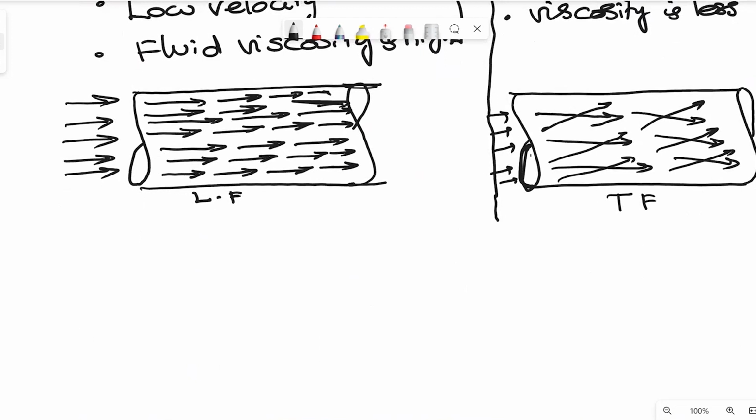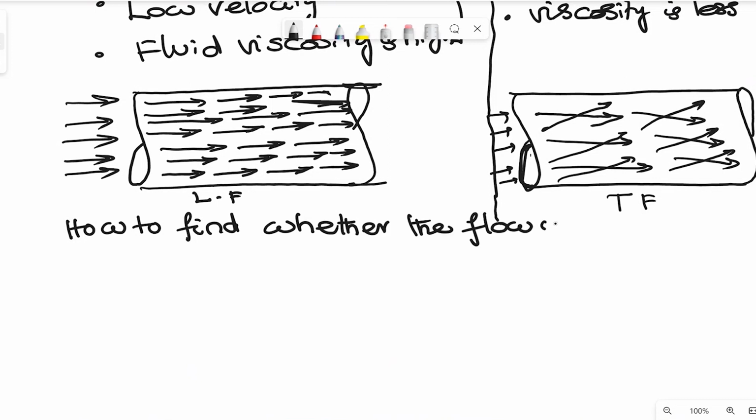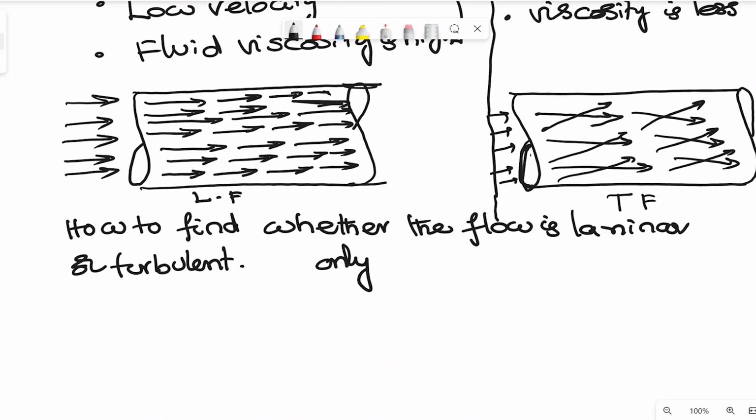But how to really find out whether the flow is laminar or turbulent? Let us consider only pipe flow, flow through a pipe.